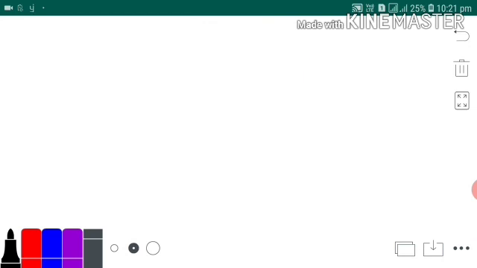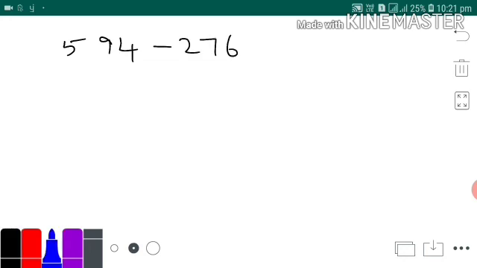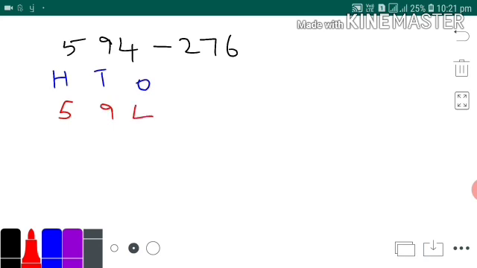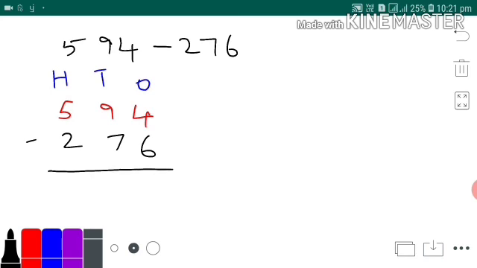Let's see one more example. I want to subtract 276 from 594. 594 minus 276. So first write the place values: ones, tens, hundreds. Write the first number, the bigger number 594, minus the smaller number 276. Now I want to subtract.